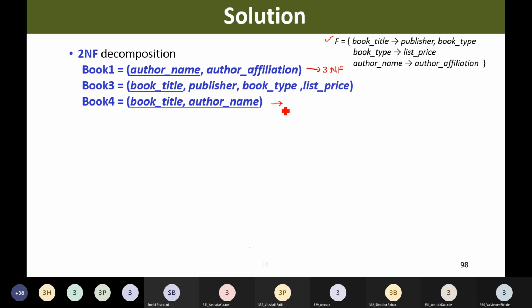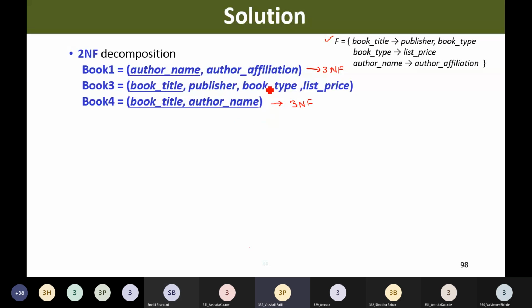What about book 4? It is also in 3NF because this relation comprises my primary key itself for the entire relation book, and there is no issue of any transitive dependency.